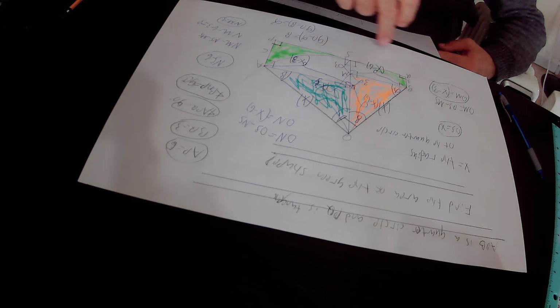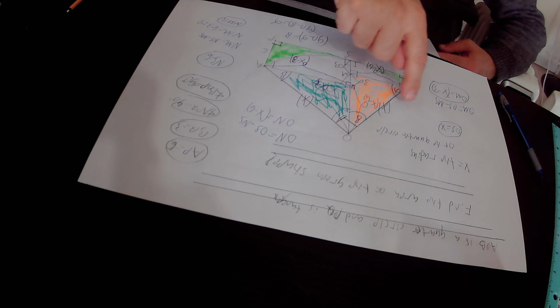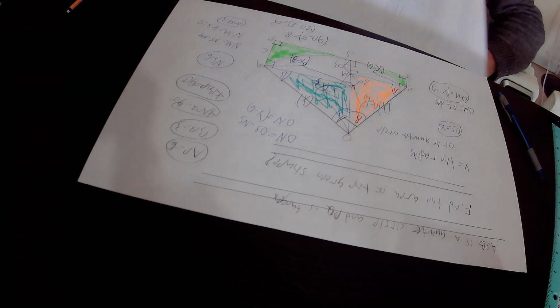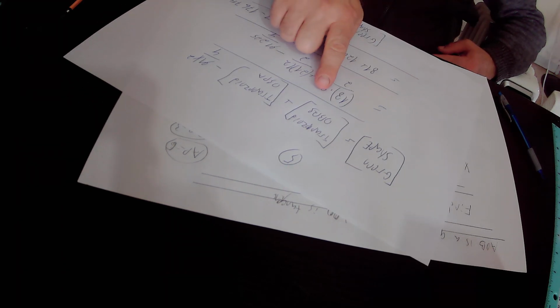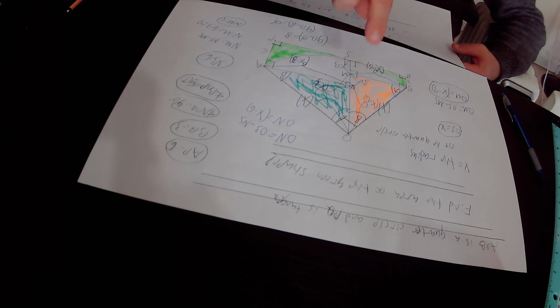This shape consists of two trapezoids. The first trapezoid is trapezoid OBQS, so it is the area of trapezoid OBQS plus the area of the second trapezoid, trapezoid OSPA.